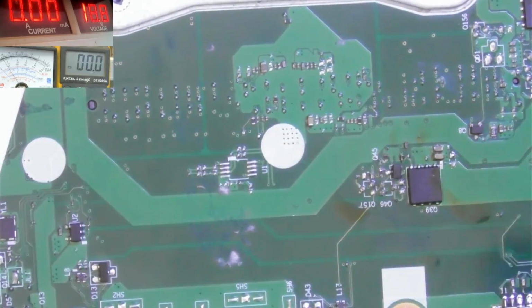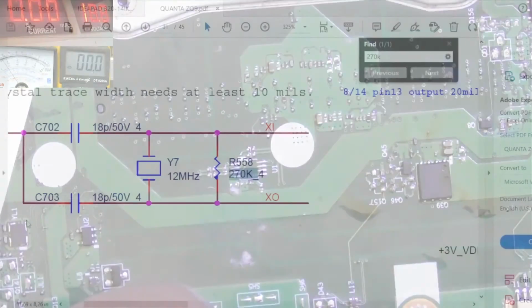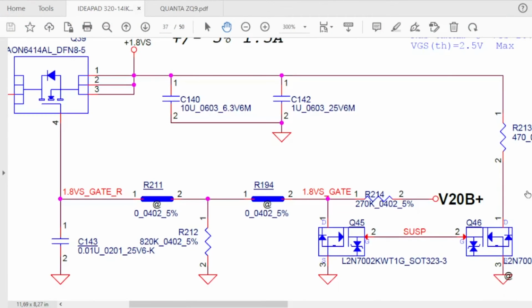Okay, I will explain using the schematic. So now, after I replaced this resistor, the voltage at this point, after I turn on the motherboard, means that the gate, pin number 2 of Q45, is 0 volt.